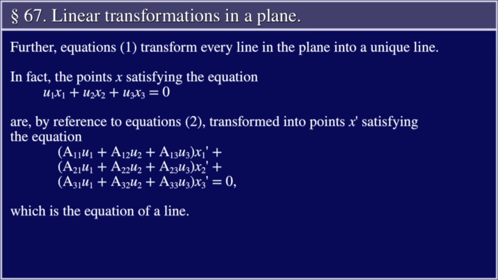In fact, the points x satisfying the equation u1 x1 plus u2 x2 plus u3 x3 equals 0 are, by reference to equations 2, transformed into points x' satisfying the equation: the quantity (a11 u1 plus a12 u2 plus a13 u3) times x1' plus the quantity (a21 u1 plus a22 u2 plus a23 u3) times x2' plus the quantity (a31 u1 plus a32 u2 plus a33 u3) times x3' equals 0, which is the equation of a line.